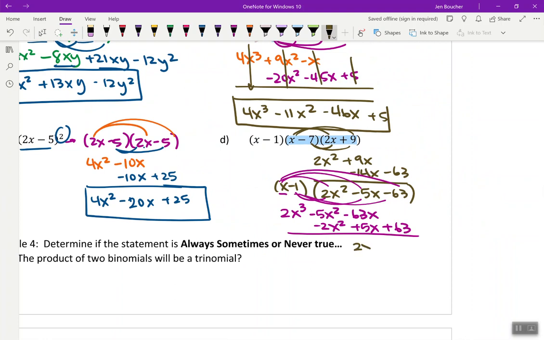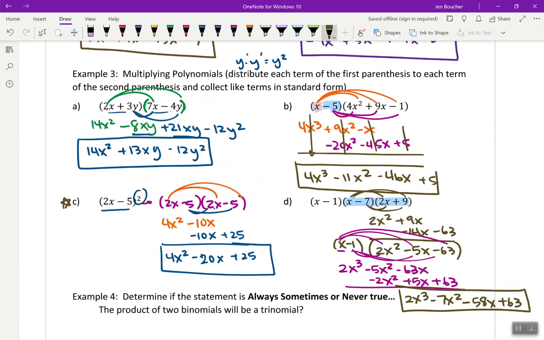You would get 2x cubed minus 7x squared minus 58x plus 63. And that's it. So be very careful when you see those 4 different types of multiply questions, some a little bit harder than others.